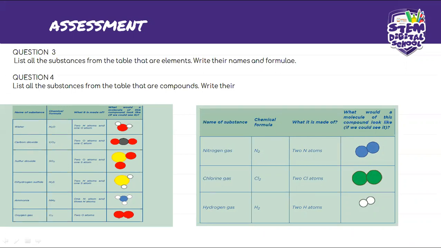All right. Now let's go on to the ones that are compounds.